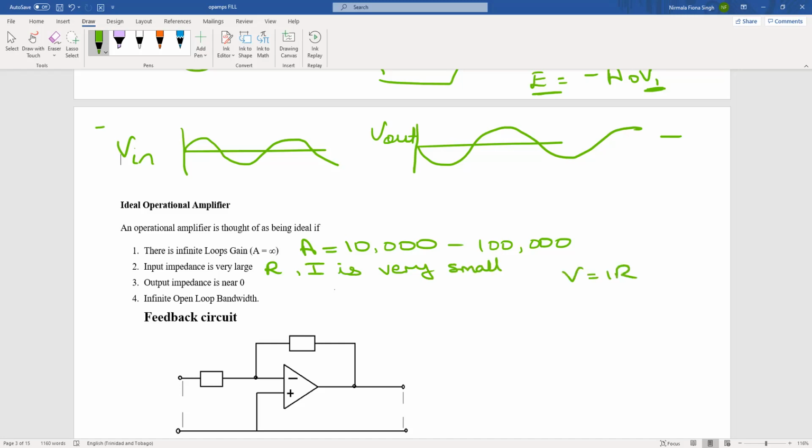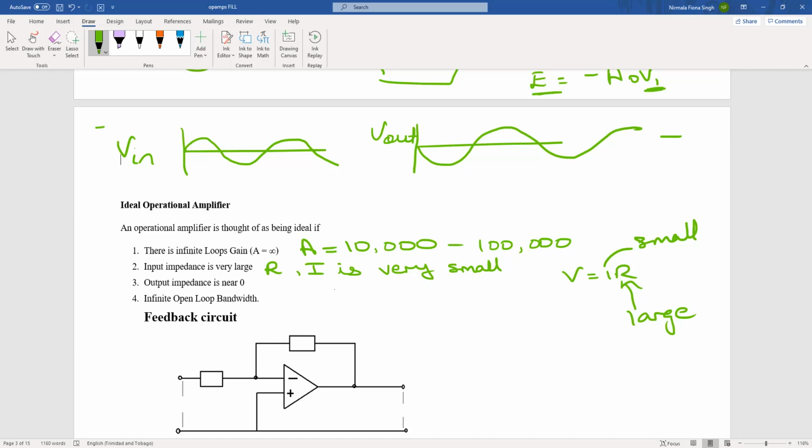So if you have a very, very large resistance, you must have a really, really small current, and vice versa. So here your resistance must be very large, because we want almost no current coming into your amplifier. Why that is, we'll look at in a little while.